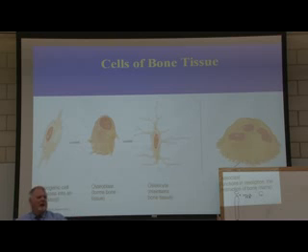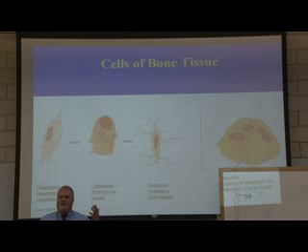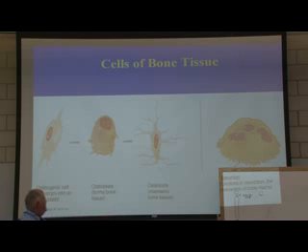And we keep them in our body throughout our life so that if we damage bones, we can repair them. If we put on a bunch of muscle mass, we can remodel the bone and tolerate the increase in muscle mass or the force on it. And so osteogenic cells are stem cells that develop into osteoblasts. Well, osteoblasts form bone matrix.